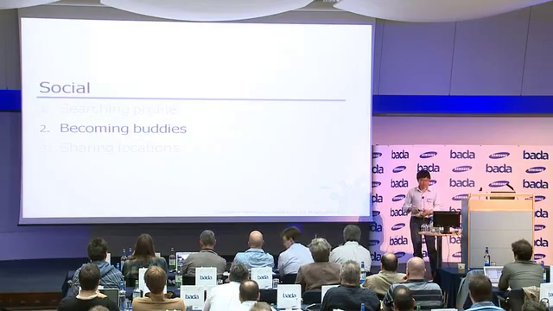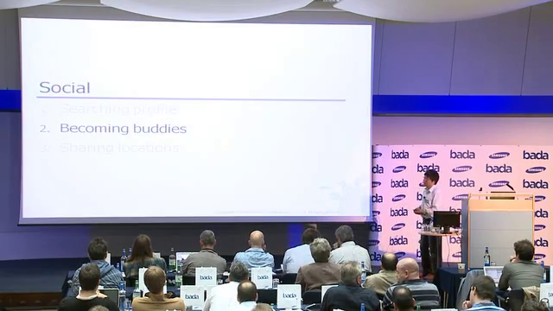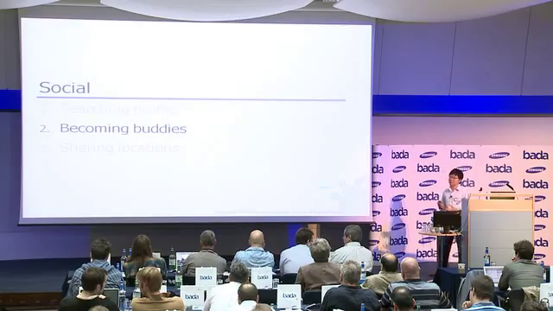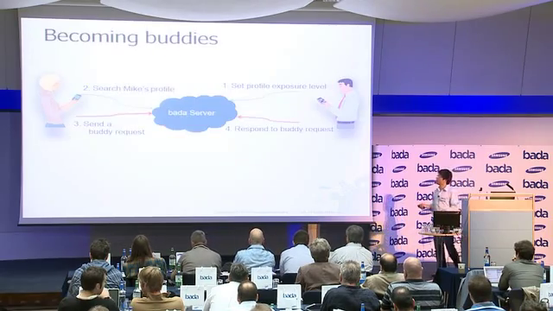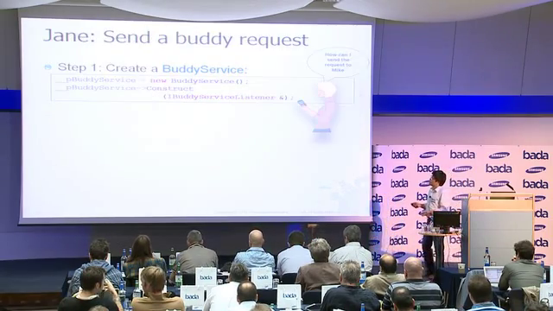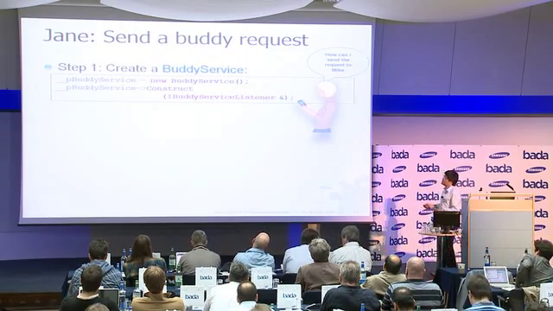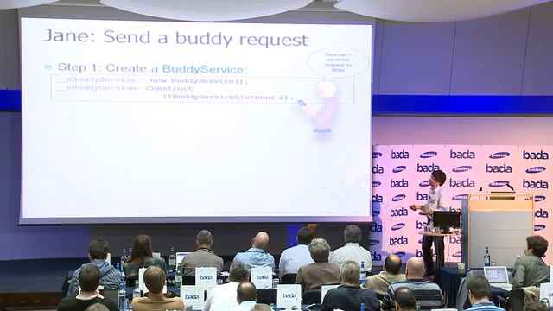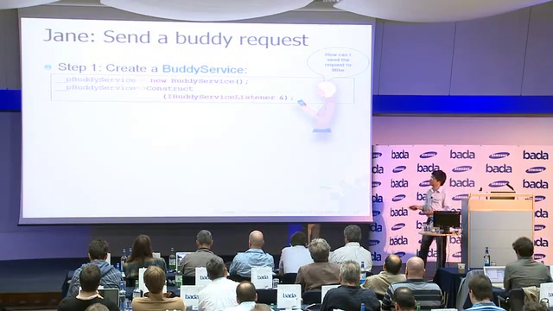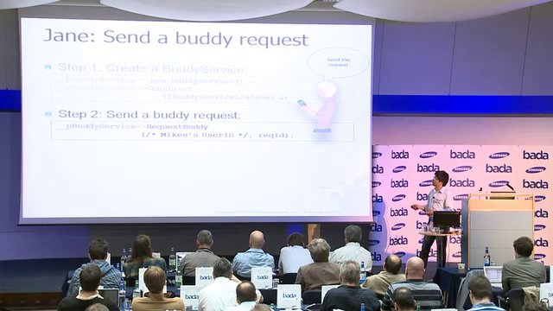Now Jane has already searched a buddy's profile, and of course she wants to request to become a buddy. So how can she do it? To request a buddy, you have to use the buddy service class, and use two-phase construction to give you a valid pointer to this class, a valid object. Then you can send a buddy request to the server.